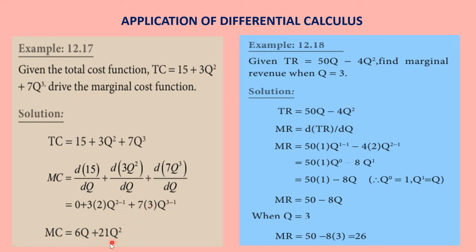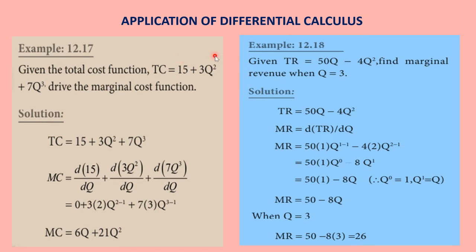Plus 7 threes are 21, q power 3 minus 1 will be q square. So MC is equal to 6q plus 21q square. Hope you understood this. When the total cost was given, from the total cost we have found the marginal cost. So to find the marginal concept, we use differentiation in economics.